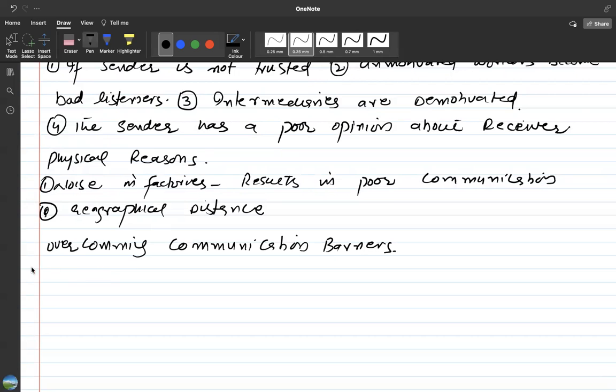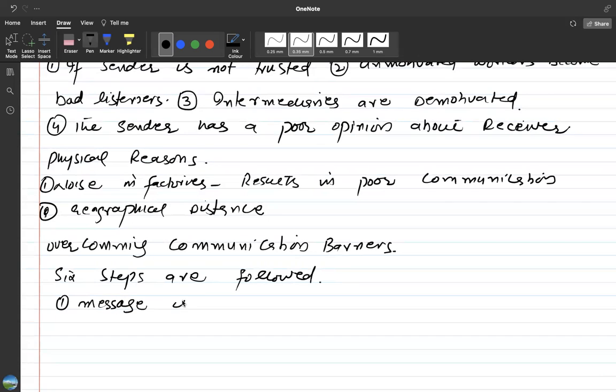We can ensure six steps are followed. First, we can ensure that the message is clear and precise. We should avoid information overload.